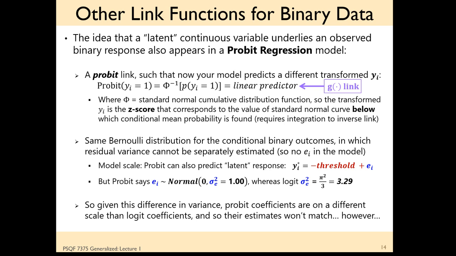Probit regression does the exact same thing but using different scaling. The link function in a probit is not a logit, it's a z-score. The probit is the z-score that corresponds to the area to the left of a probability. Do you remember intro stat where there's tables of z-scores and probabilities and areas in the back? That's what I'm talking about.